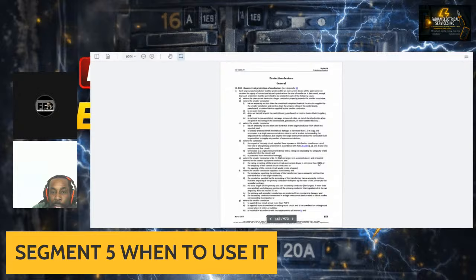The conductor supplied by the secondary of the transformer has an ampacity not less than the ampacity of the primary conductor multiplied by the ratio of the primary to the secondary voltage.